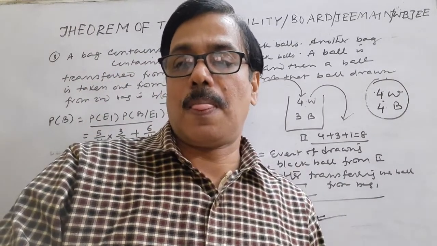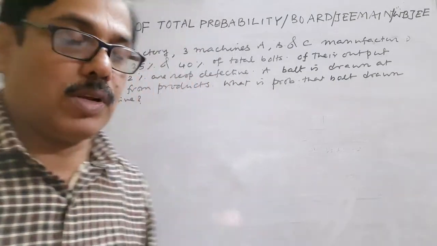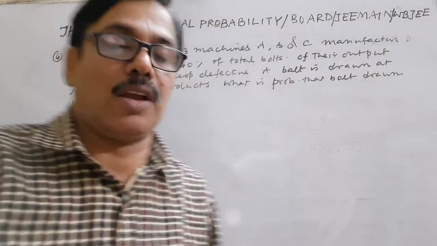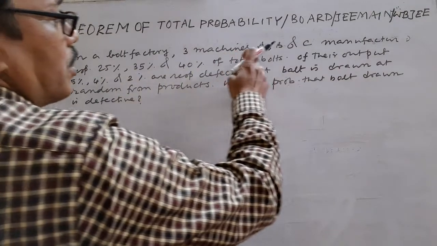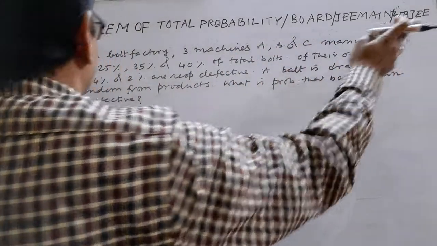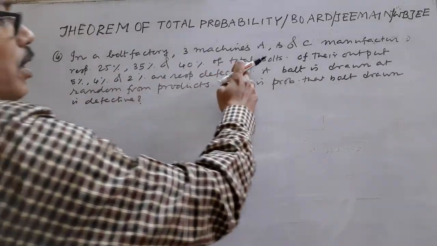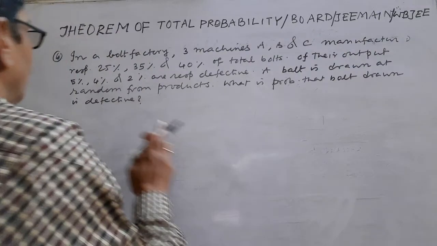Now we consider one more problem. Here the data are given directly. In a bolt factory, 3 machines A, B and C manufacture 25%, 35% and 40% of the total bolts of their output.